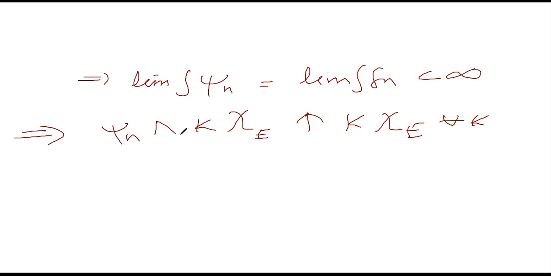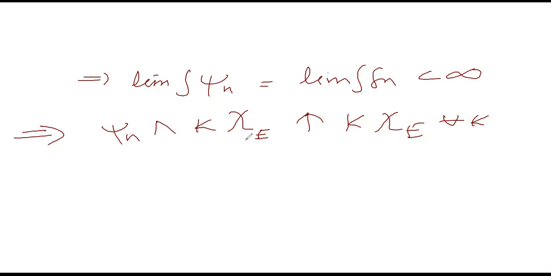Infinity meet k is equal to k, and on this side it's also k whenever x is in E. So the limit of this and this one are the same whenever x is in E. That means the limit of this is equal to k times chi of E whenever x is in E.